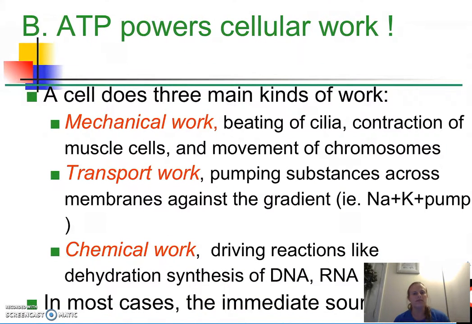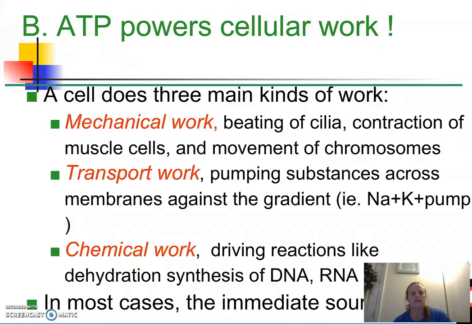But ATP is going to power all of the different types of cellular work: mechanical work, transport work, and chemical work.